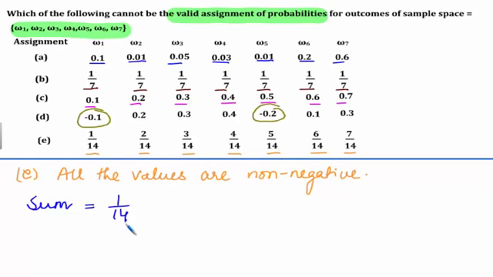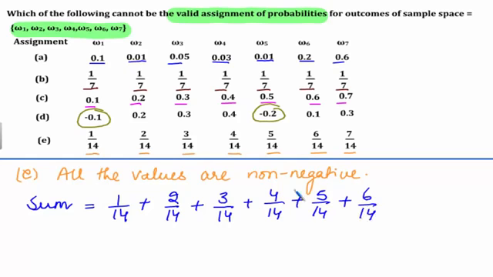So we have 1 upon 14 plus 2 upon 14 plus 3 upon 14 plus 4 upon 14 plus 5 upon 14 plus 6 upon 14.